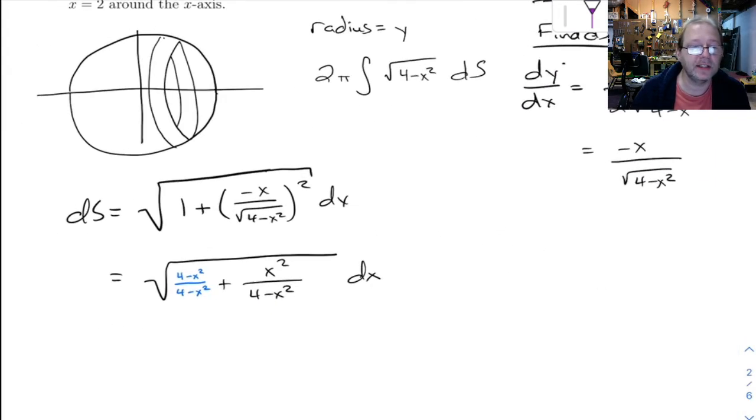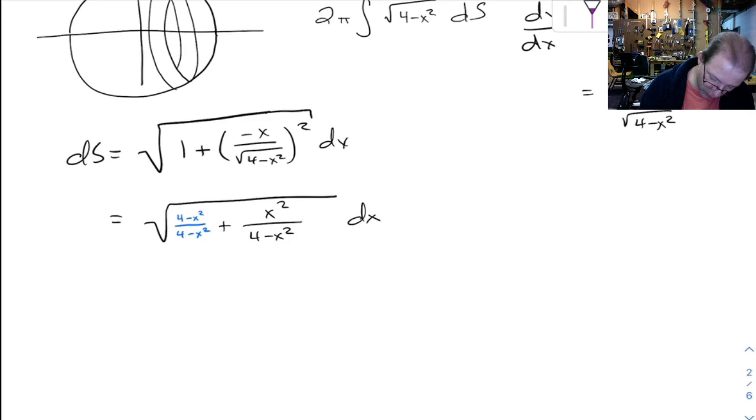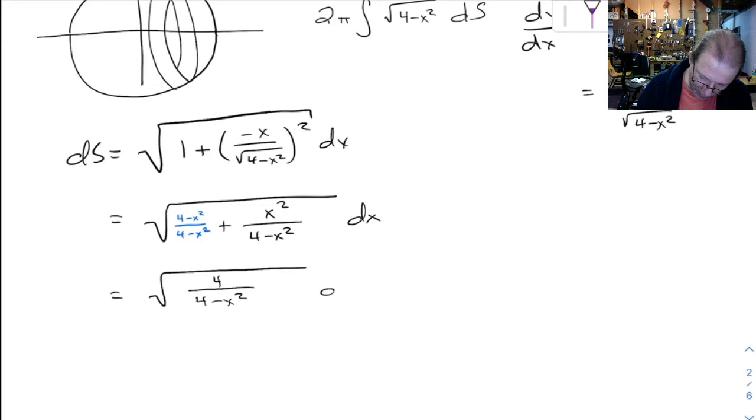So now my ds is going to be, on top we're just left with 4, and on bottom we've got 4 minus x squared. All right, so that's my ds.